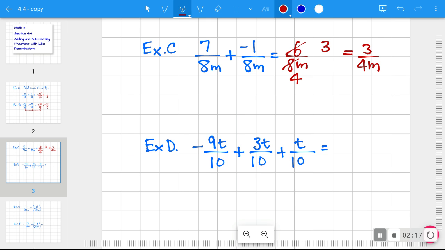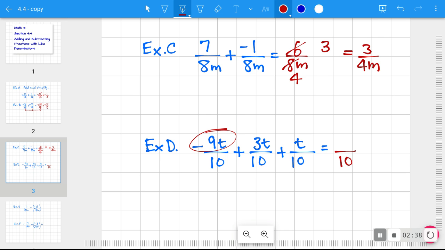Okay, in example D, what we have here is a common denominator on 3 fractions. So we're going to end up with tenths all the way down. First of all, negative 9t tenths plus 3t tenths plus 1t tenths. And how many tenths would that be?